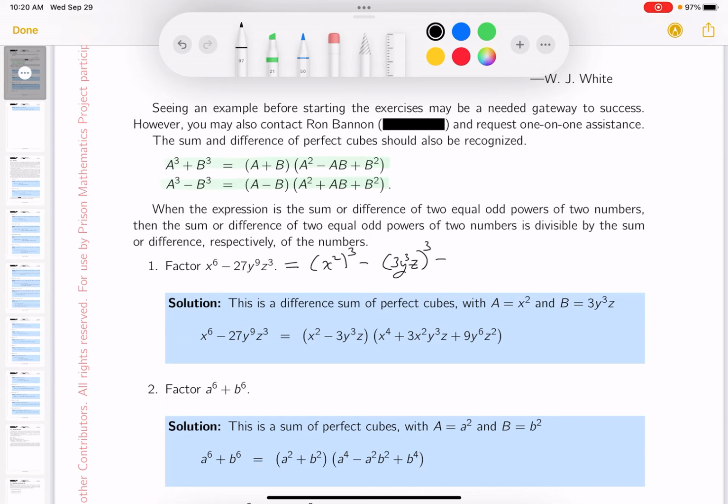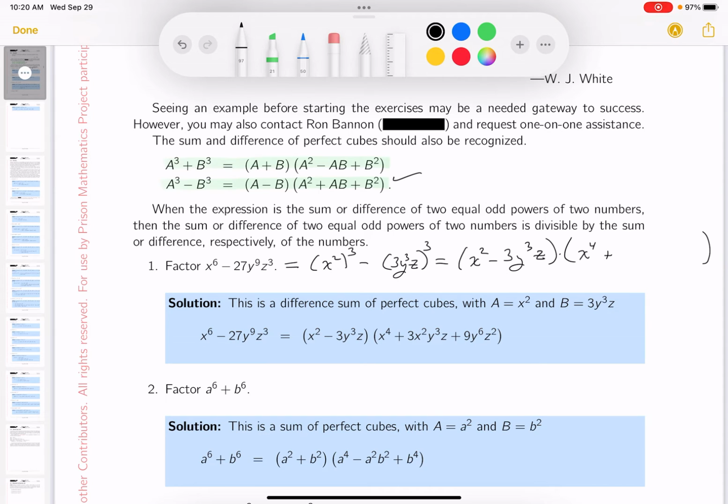Well, let's write this down now. So I'm using this pattern. And what are you going to get? x squared minus 3y cubed z. Now the second guy's a trinomial. I'm going to square the x squared. That's x^4. And then it's going to be plus the product of x squared and 3y cubed z.